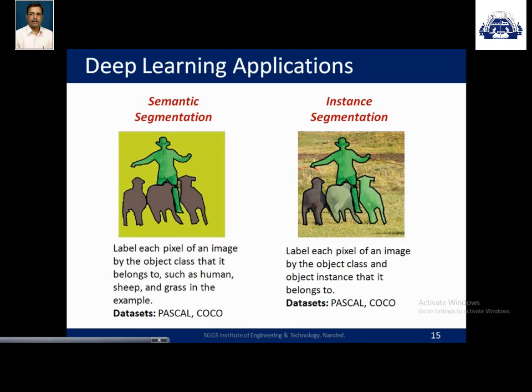One more application is semantic segmentation, where it is required to label each pixel of an image by the object class it belongs to, such as human, sheep, and grass in the above example. And the last one is instance segmentation. There is a possibility that there may be more than one similar object in the image. So how do you differentiate one object from the other in terms of different labels?